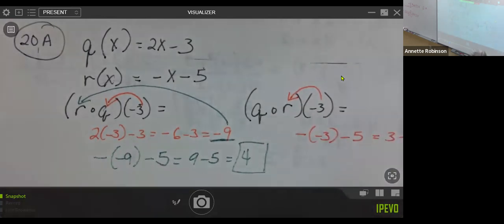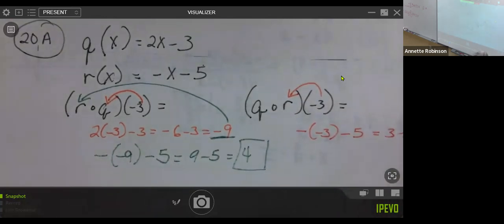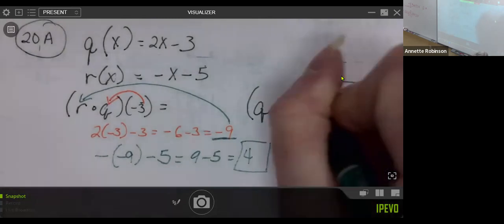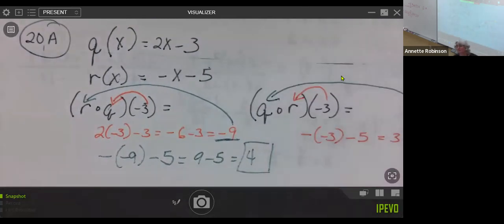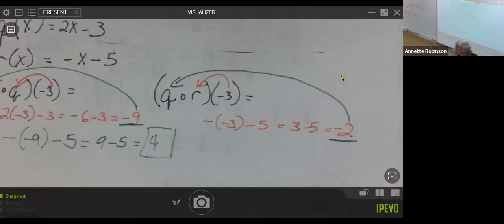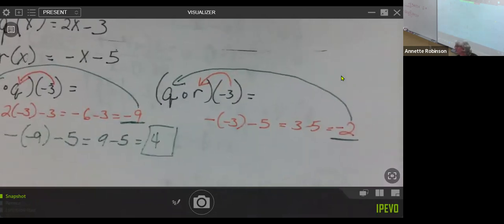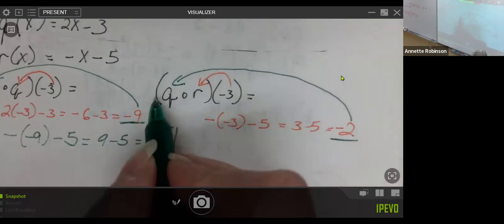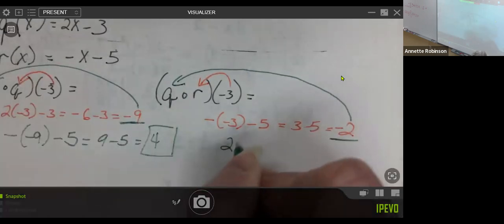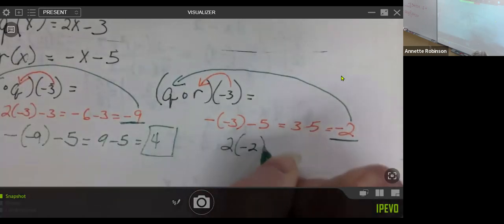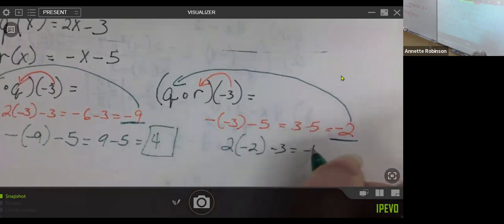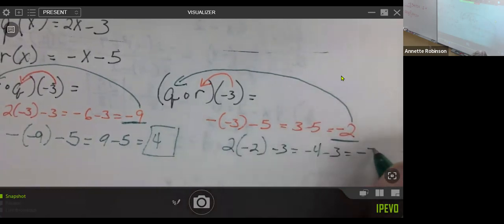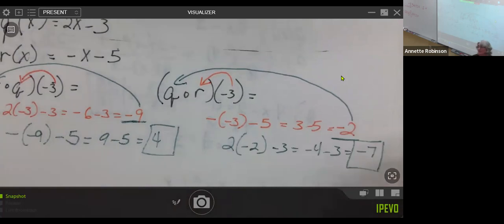Then take that answer, and I'm hoping I'm arithmetically correct, and put it into Q. I got a -2, by the way. No? Okay. And so if I put it into Q, which was 2 times that, -3. Final answer is -7.